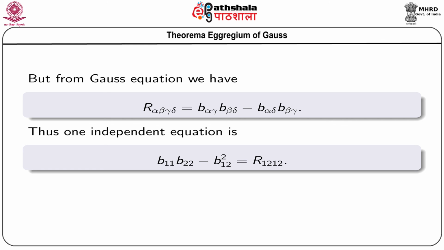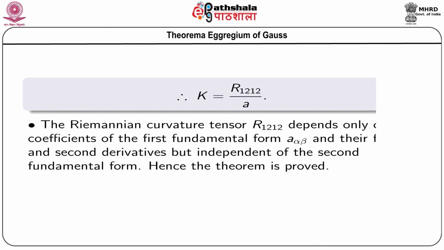So, B11 B22 minus B12 square can be replaced by this R1212. That means the Gaussian curvature is nothing but R1212 by A.